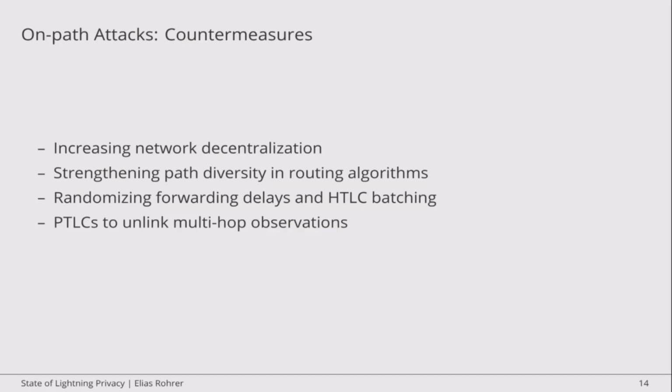We can also strengthen path diversity in our routing algorithms. Currently, all routing algorithms are optimizing for fees and then for payment reliability and a few other factors that we puzzle together basically. But I think there's no implementation currently that really emphasizes some kind of randomization aspect. I think CLN at some point, I see Christian back there, had some kind of a randomization budget, but I believe they dropped it by now, I'm not entirely sure.